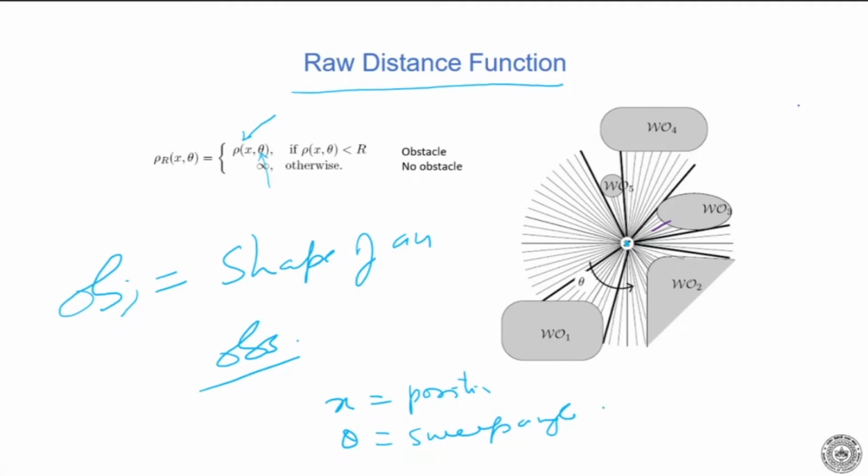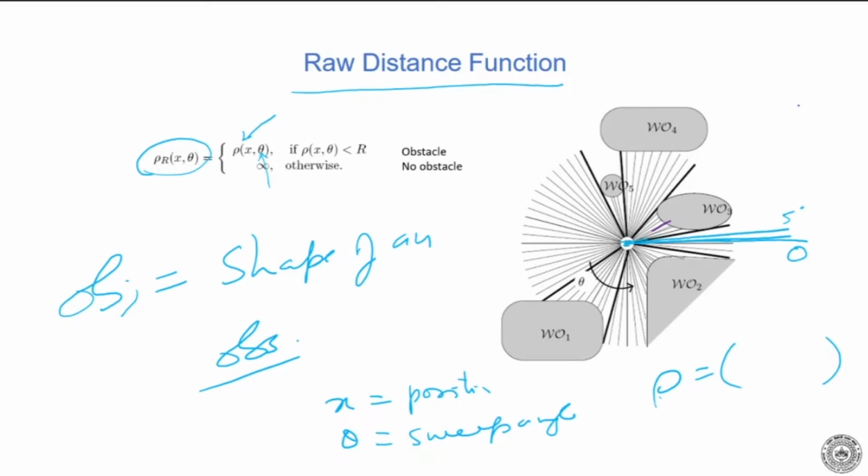Of the range sensor. Say for example, if this is my 0 degrees, the next is going to be 5 degrees, 6 degrees. So now at any point here, we are going to find out this distance function rho. So our rho will be a set of distances, which will tell me that at 0 there is nothing here.